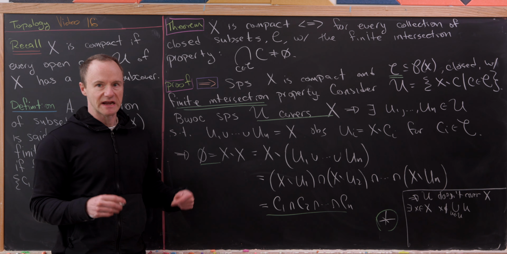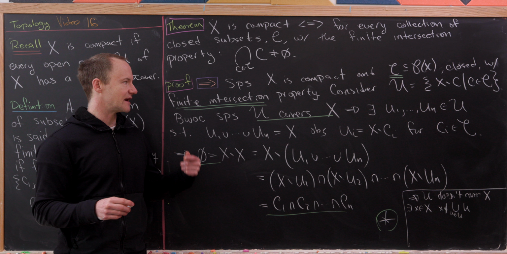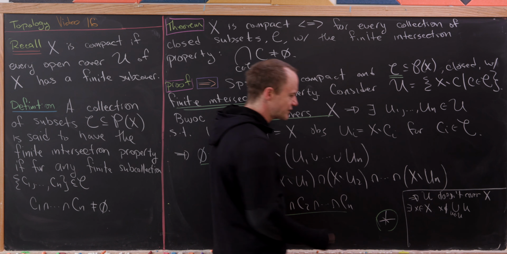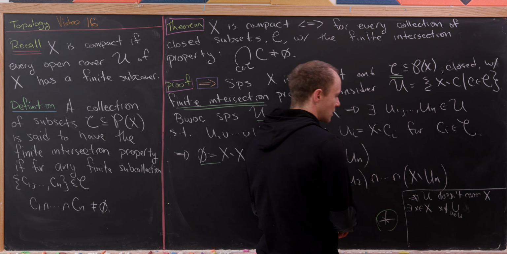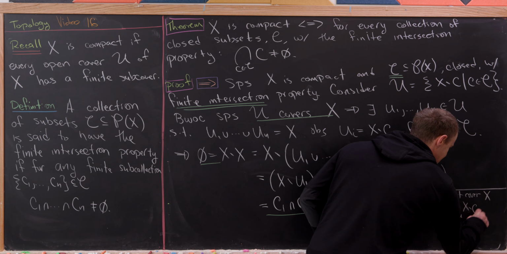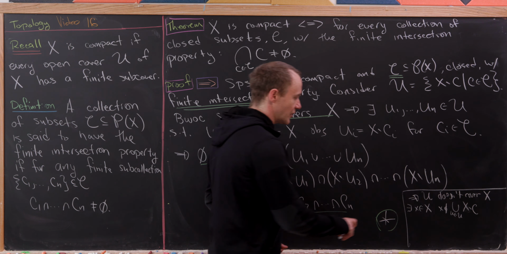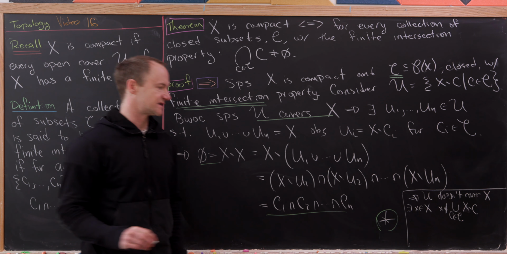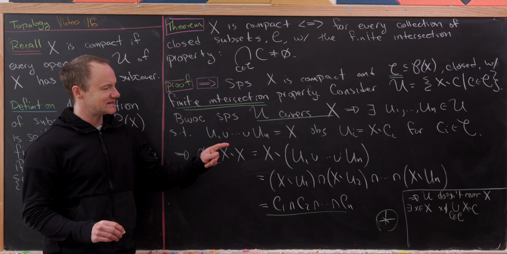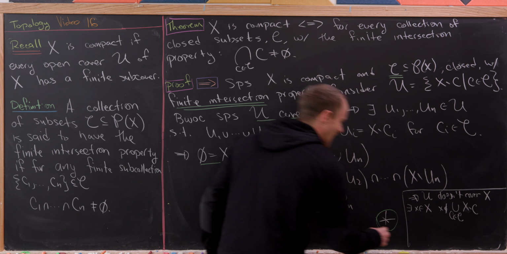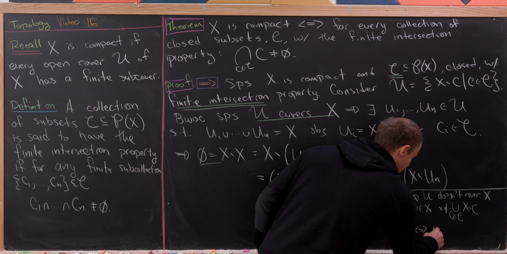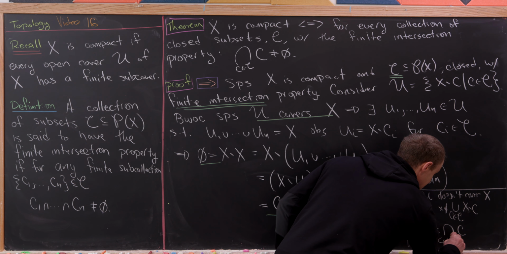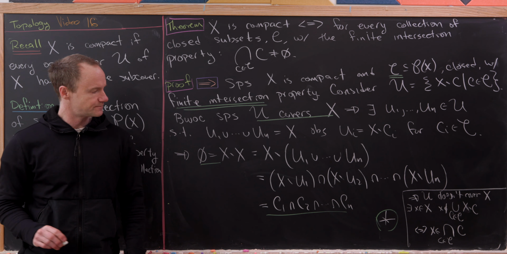It means that if we take the union of everything inside of our collection U, we're going to miss something. But then let's recall that these U's were simply X minus C's, where those C's came from our collection of closed sets. But then if x is not inside of that union, that in fact is equivalent to saying that x is in the intersection of all of these C's as C runs through everything.